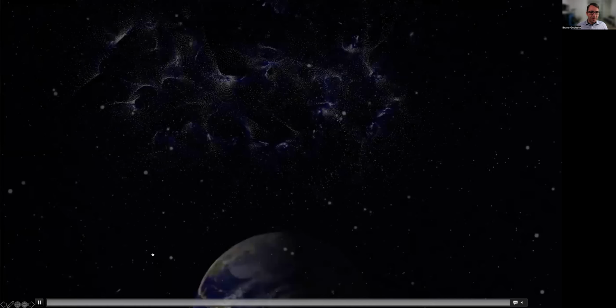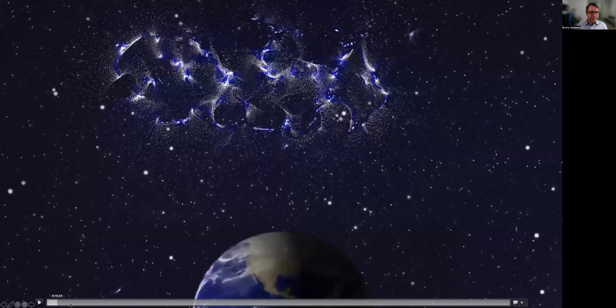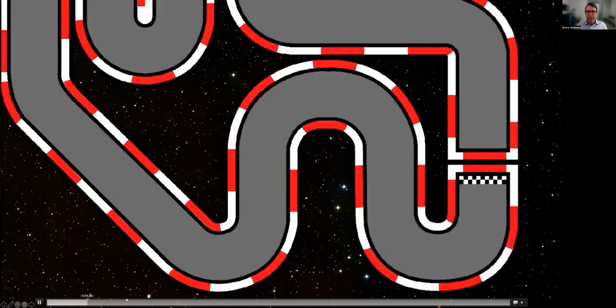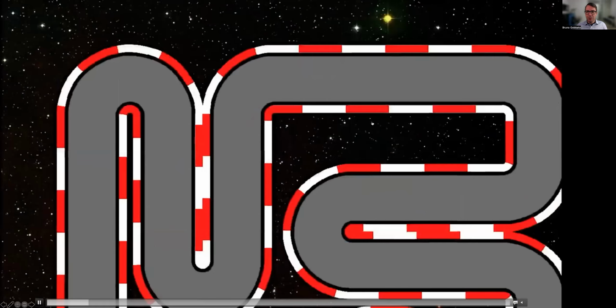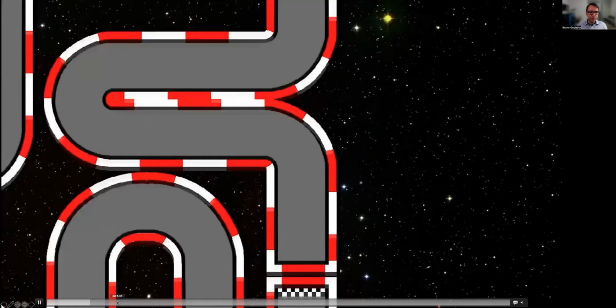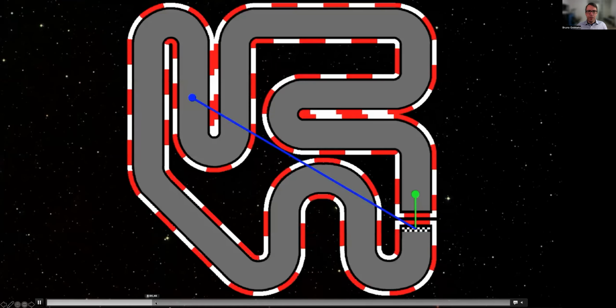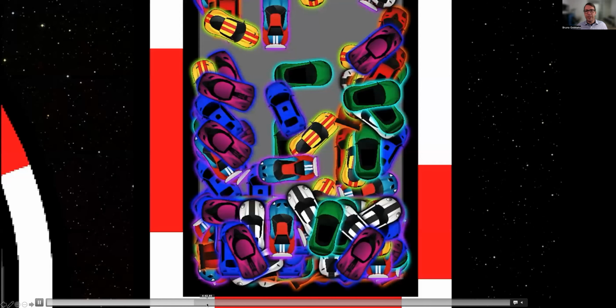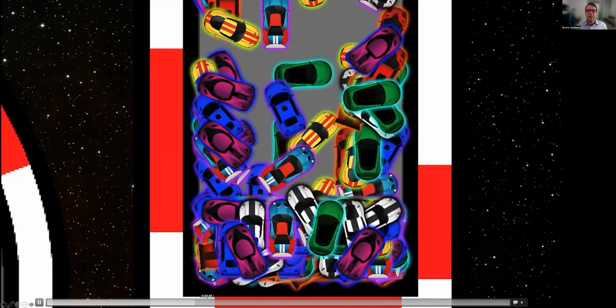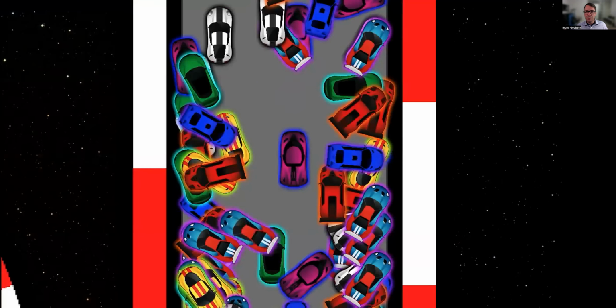This is another example of machine learning we can use for cars. So we have a very simple game where the car must go all around the circuit, okay? And it must go forward, left, and right. We did lots of generations. For example, the first generation of the car doesn't even move. It goes randomly.